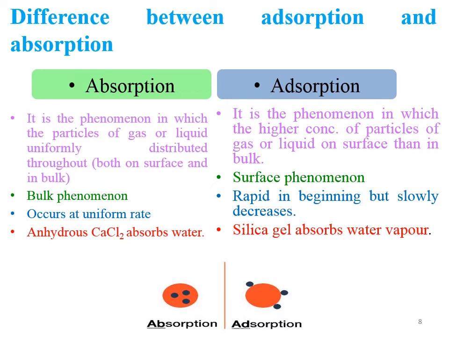In case of absorption, these adsorbate molecules penetrate into the structure or into the bulk of the material of the adsorbent, while in case of adsorption, the particles of the adsorbate mostly remain or concentrate on the surface of the adsorbent.